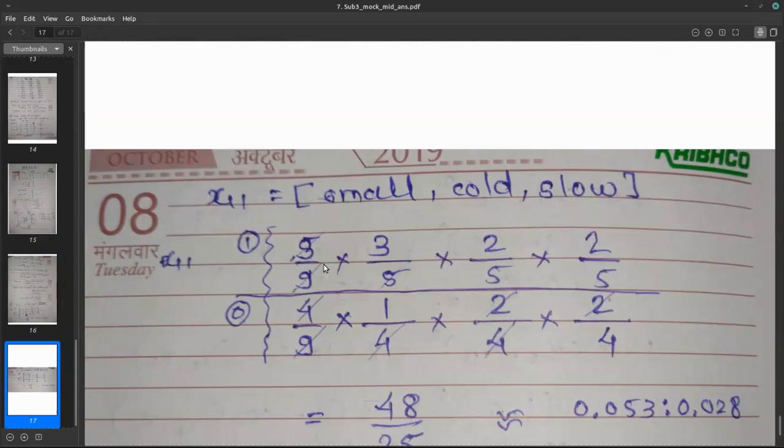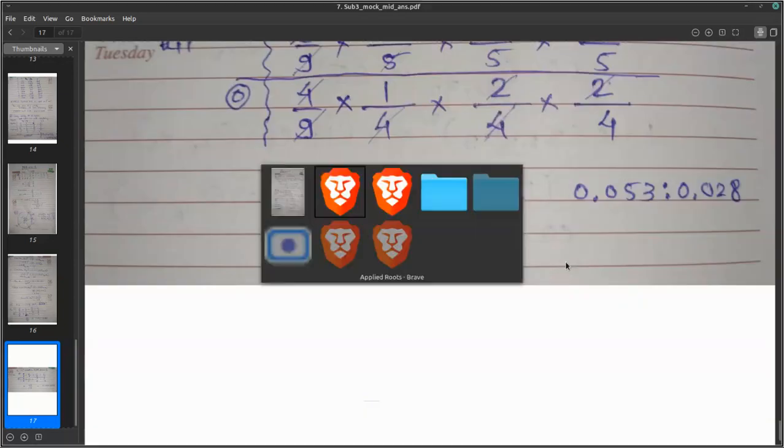Right, same thing we can do for x11 also: small, cold, and slow. 5 by 4, you can directly write 5 cube here and 4 cube here, right? Because we are calculating the probability of x11 given y equal to 0. So in the denominator it would be 4 only for all these three. So directly you can write 4 cube here. Then just put the count as we saw for x10, correct?